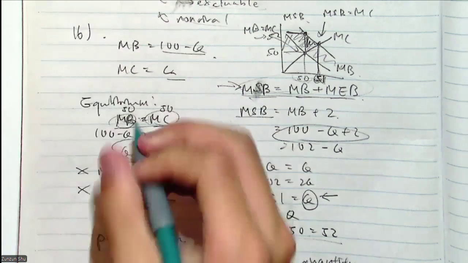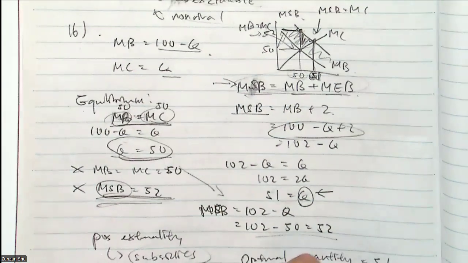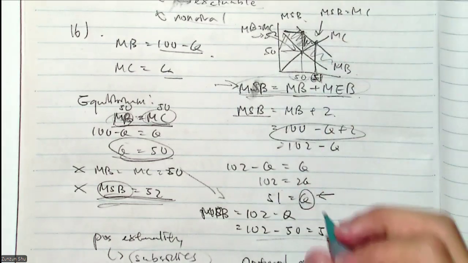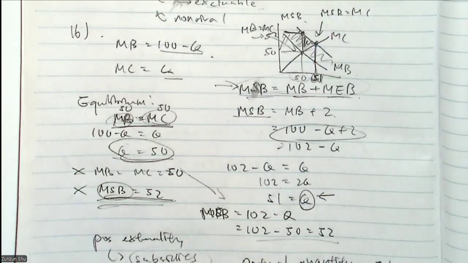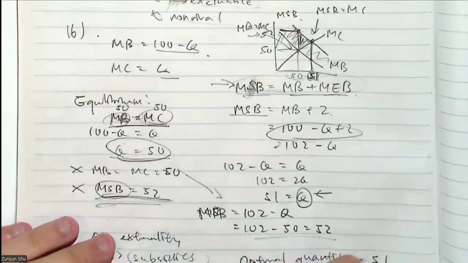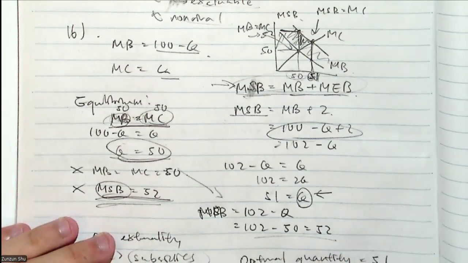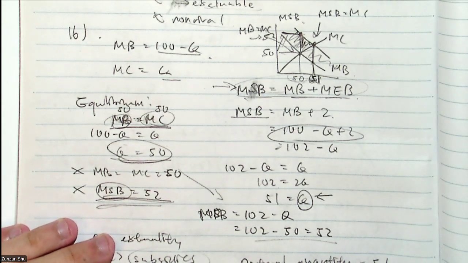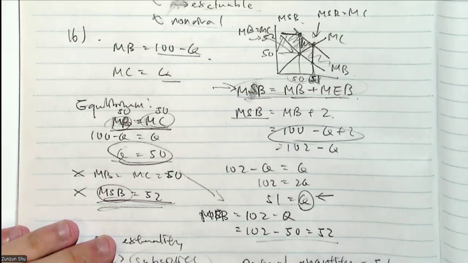Well, MB is $100 minus Q, which equals 49. MC is equal to Q, which is equal to 51.